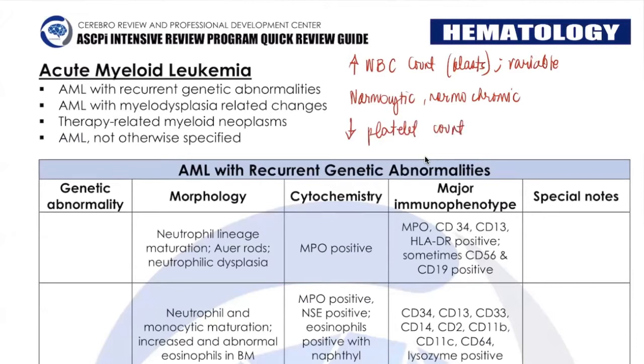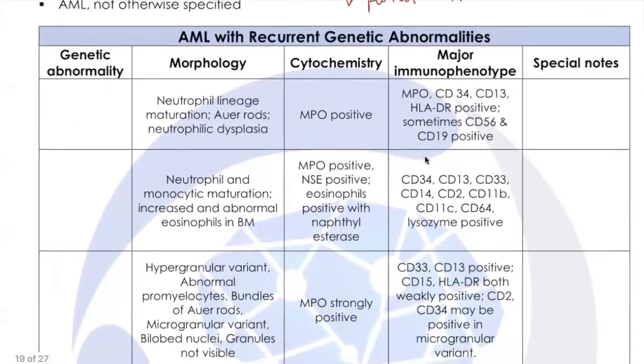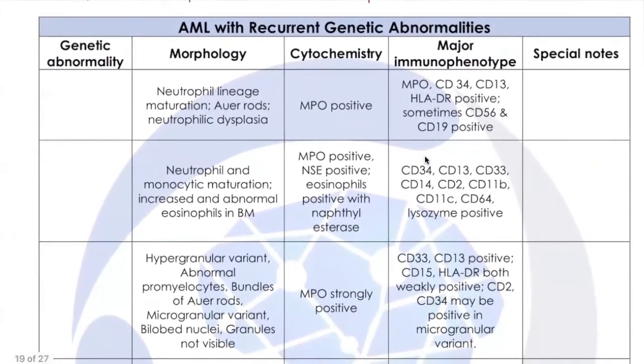Okay? So pakitandaan itong mga genetic abnormalities with these types of AMLs. First, we have the translocation from chromosome 8 to 22. So that is the genetic anomaly.